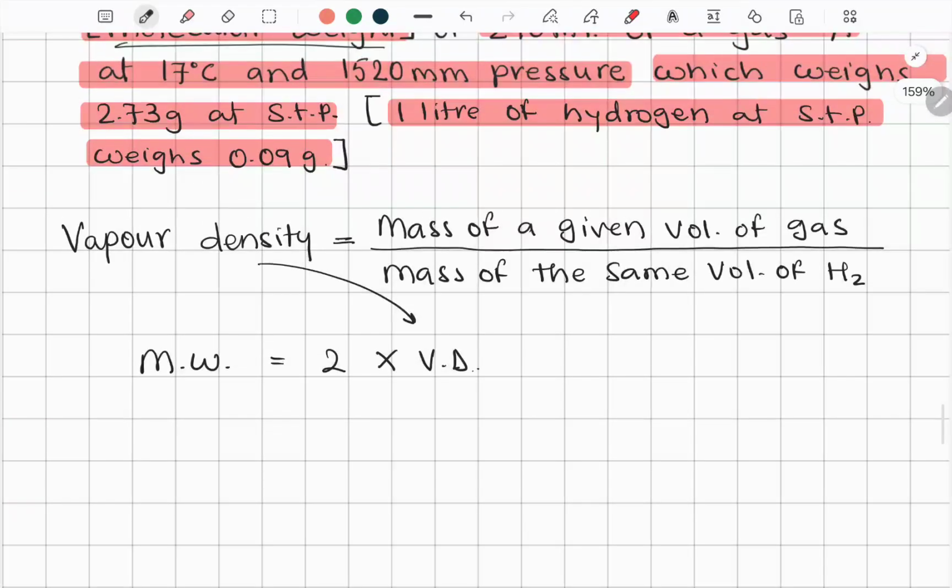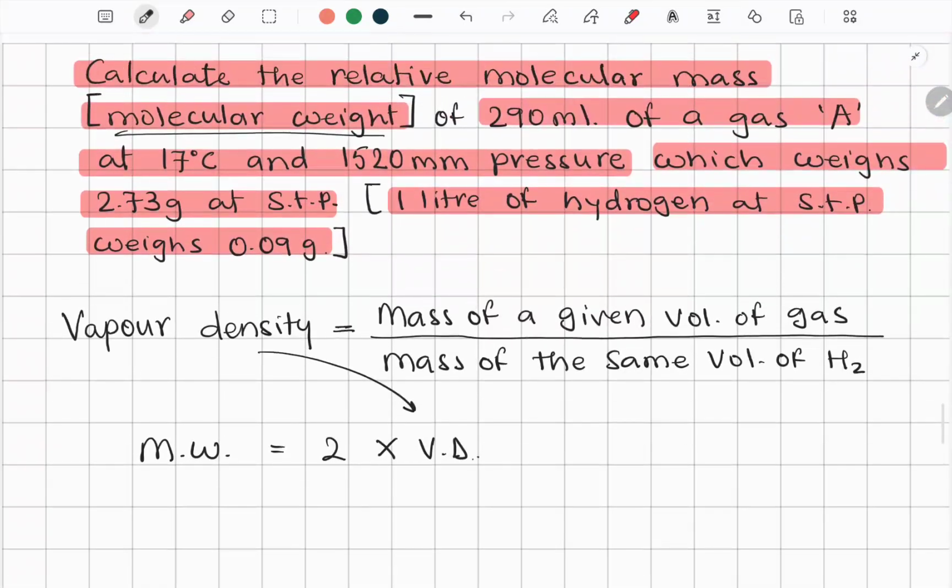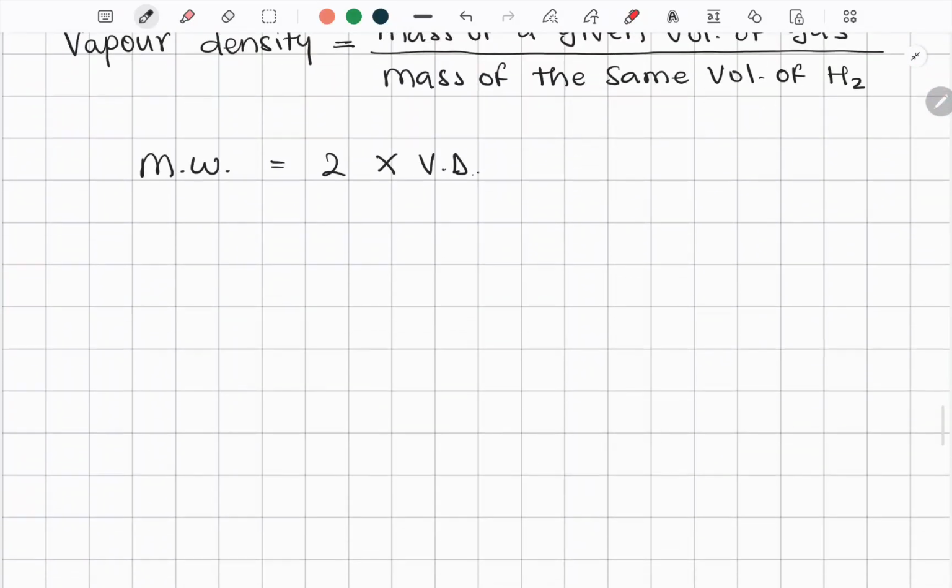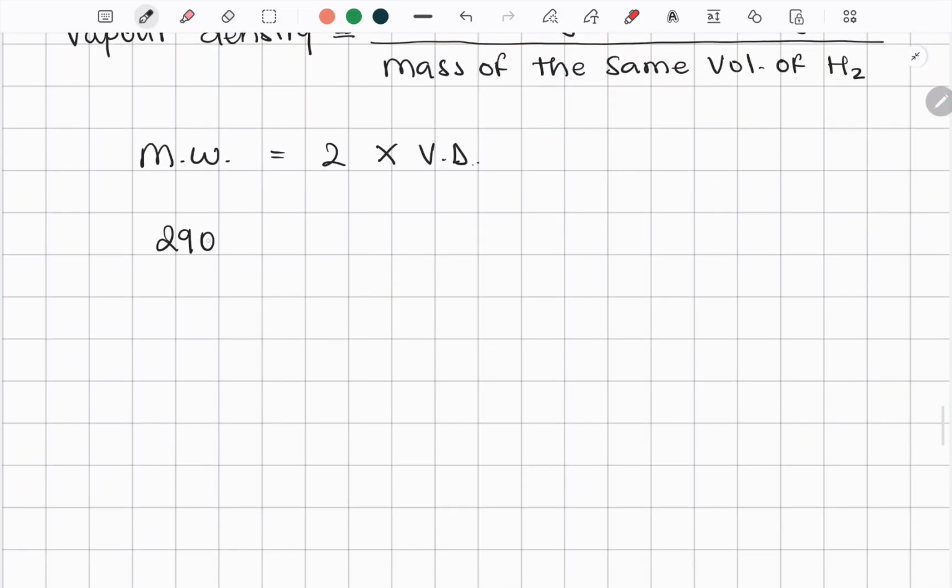Okay, let's see what is given for this numerical. It is given that 290 ml of a gas A at 17 degrees Celsius and 1520 millimeter pressure weighs 2.73 gram at s.t.p. It's a little bit tricky, but let's understand.